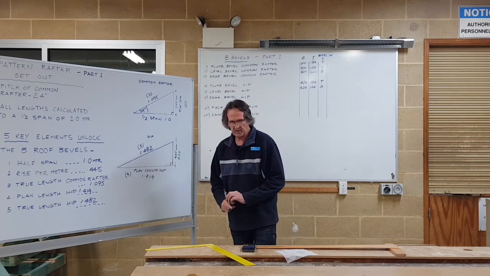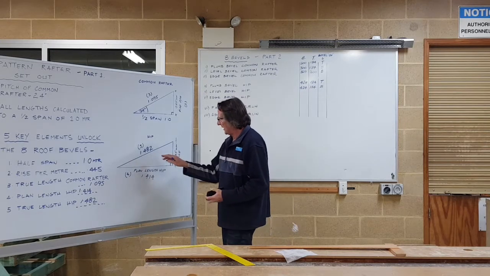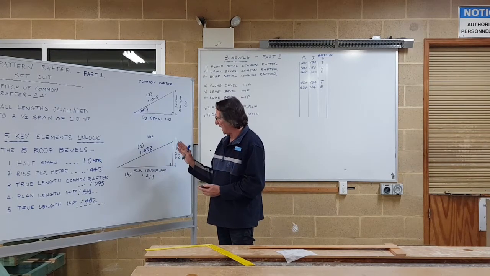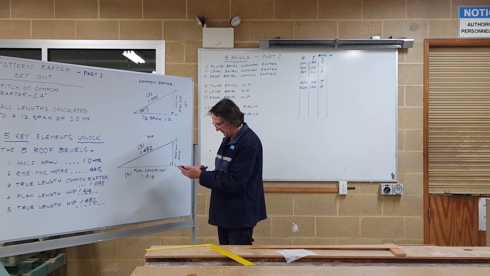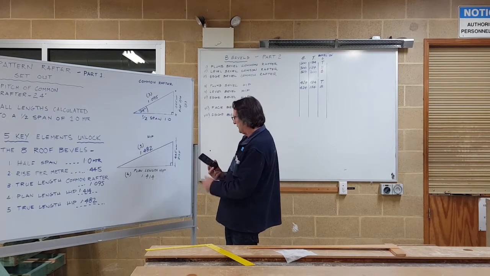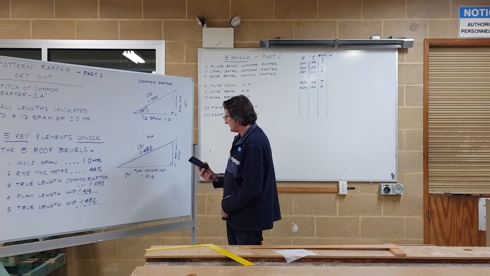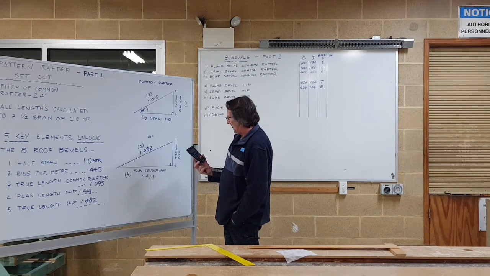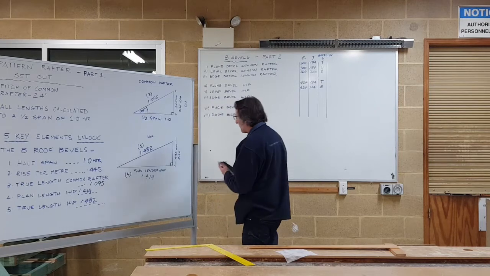So I'm going to do the same thing for those two. I'm going to multiply the longest component that I'm putting on the blade, the true length 1.482, by 0.3, and it gives me 445 on the blade.